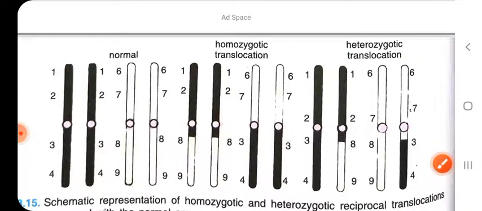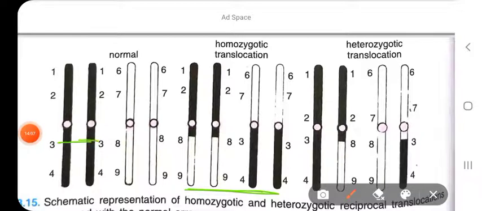Again I am repeating: in homozygous reciprocal translocation, both chromosomes from the homologous pair exchange their segments. But in heterozygous reciprocal translocation, only one chromosome from the homologous pair is involved in exchanging segments.